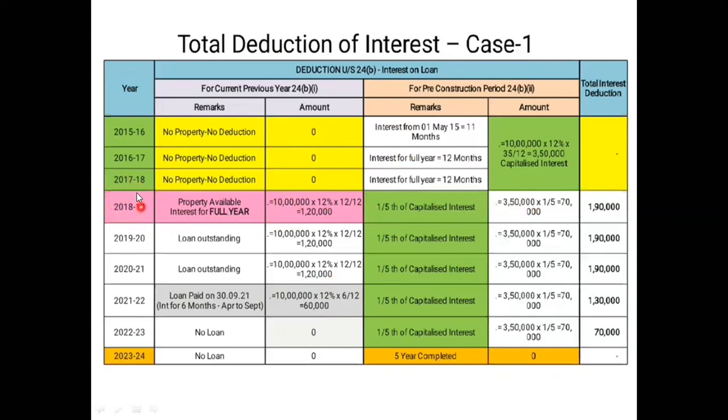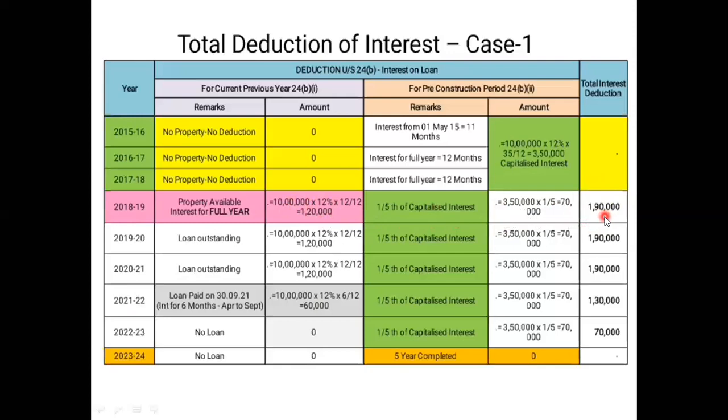So in our previous year, the pre-construction interest was 70,000 rupees and our current previous year interest is 1,20,000. Therefore, 1,20,000 plus 70,000 gives us 1,90,000. So on your deductions under section 24, under interest on loan, you will claim rupees 1,90,000 under case 1.